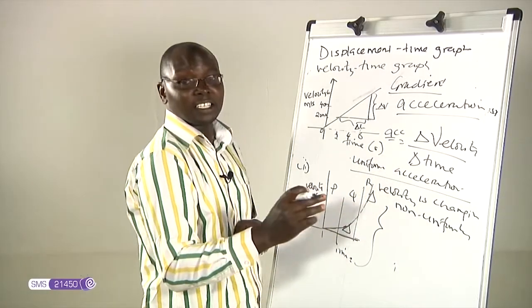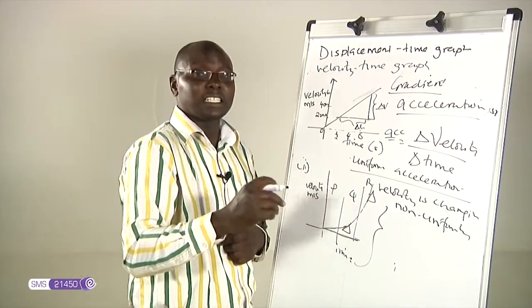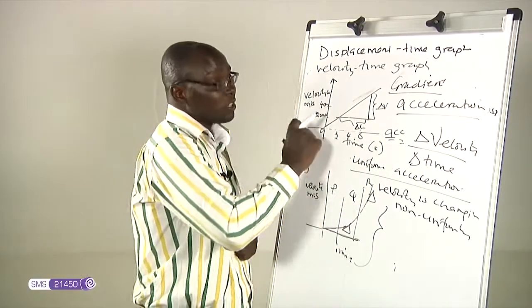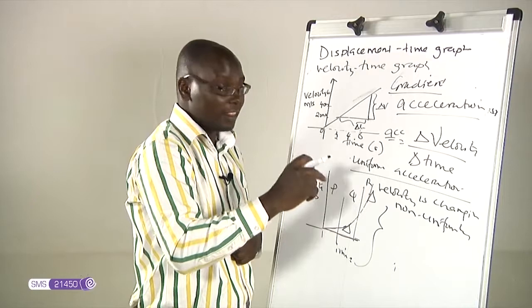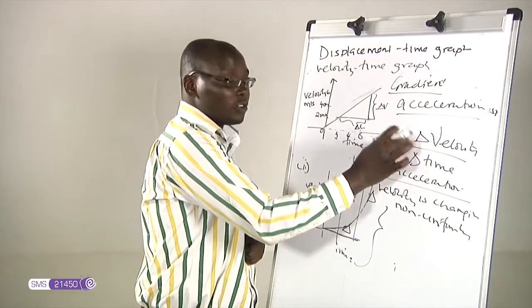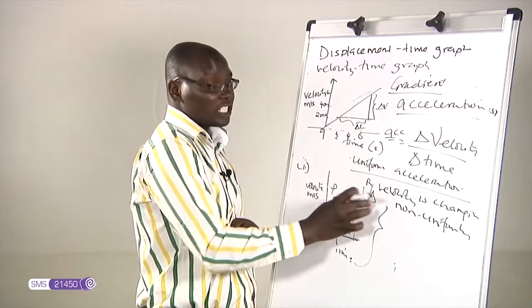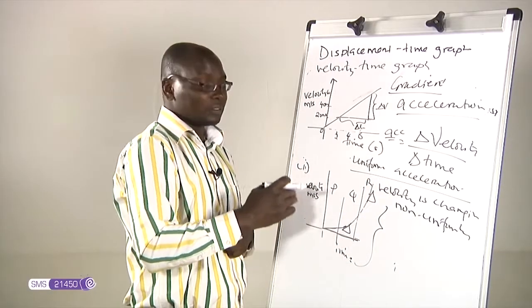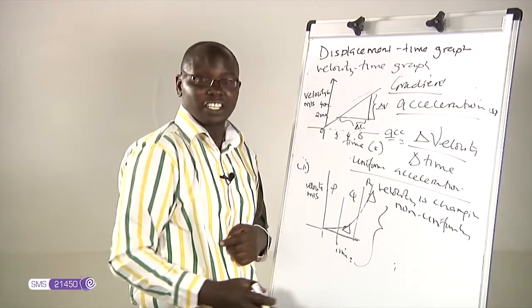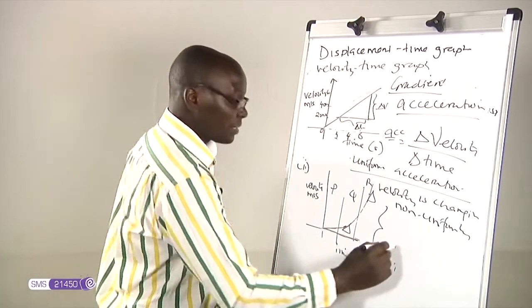It's a curve. When you see a curve, see non-uniformity, as opposed to a straight line where the gradient is uniform, which is uniform acceleration. But this one's curve is going upward, therefore the velocity is changing non-uniformly, and therefore they have different rates of acceleration. Or it can be like this.